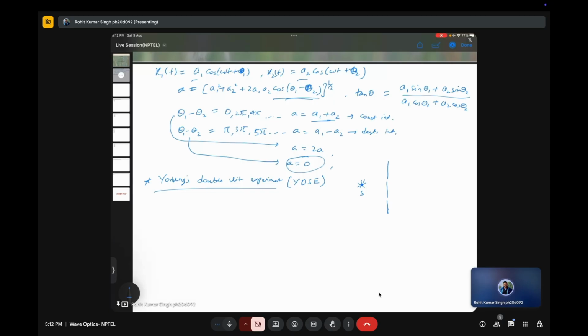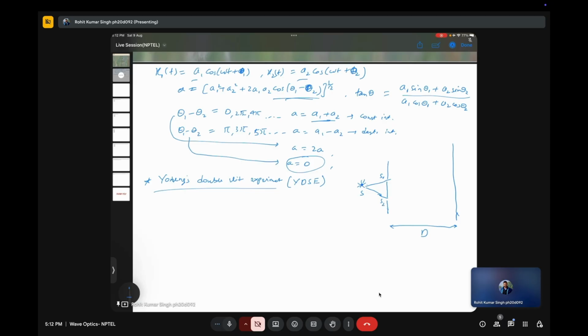When light passed through these two points, he kept a screen at a very far distance, say D. Let's call these two openings S1 and S2.